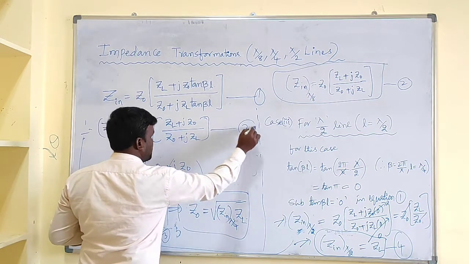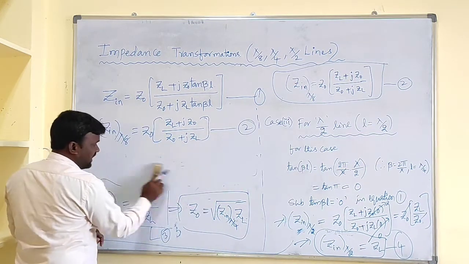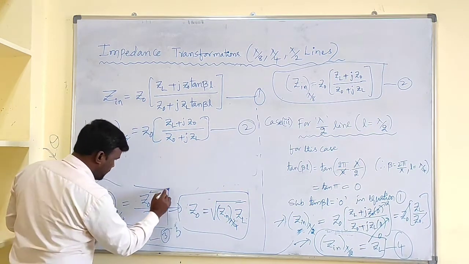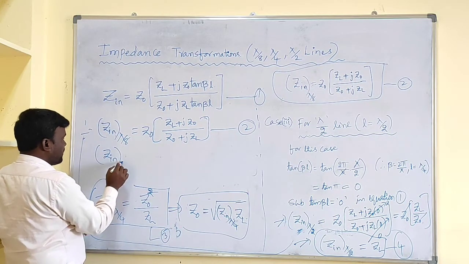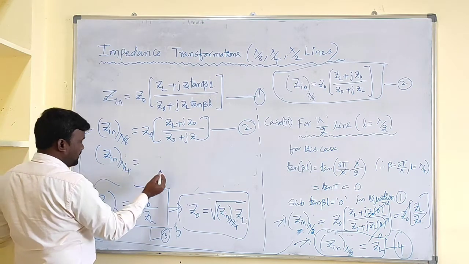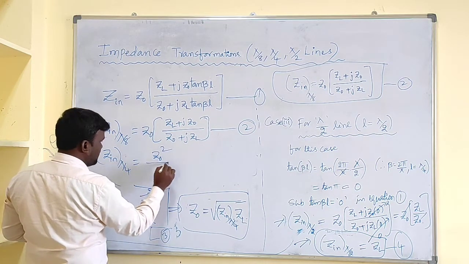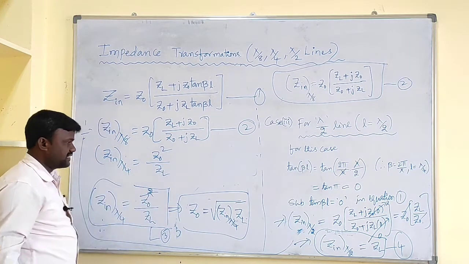This is equation number 2. Next, equation number 3: the input impedance of the lambda by 4 line is Z0 square by ZL.